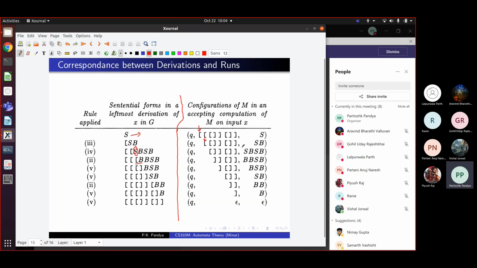Sorry, that's not the rule I am doing, right? What did I rewrite it as? I did not rewrite it as B. Oh yes, left bracket B, right? So here I consume this left bracket. Let me see what is the corresponding rule. This S we are writing as SBS.